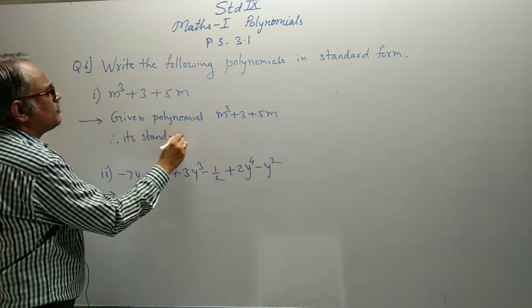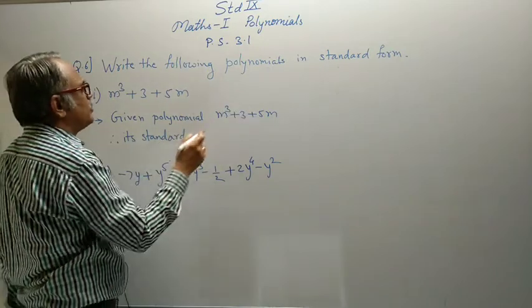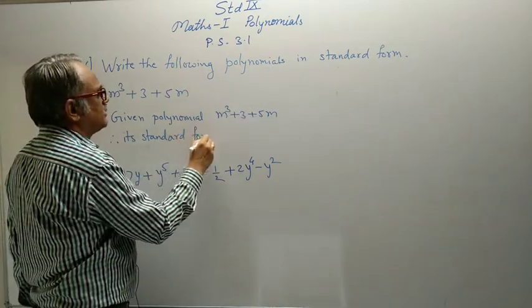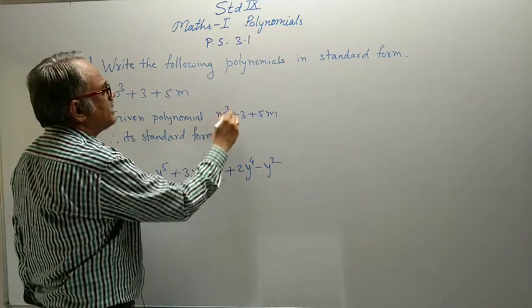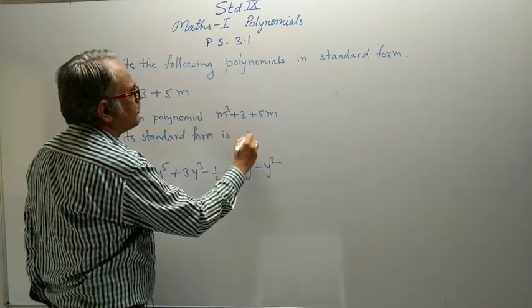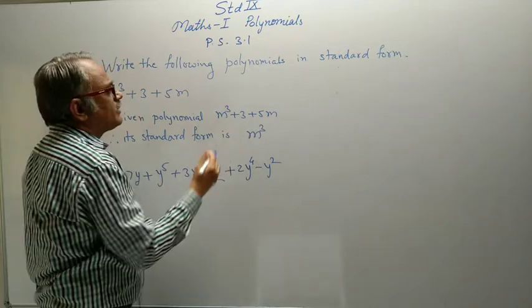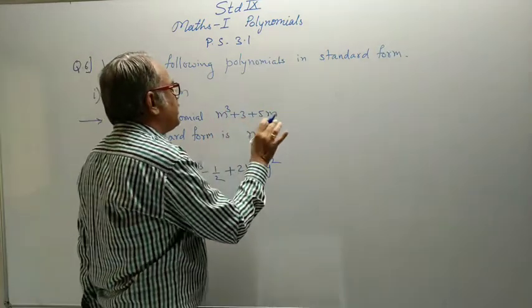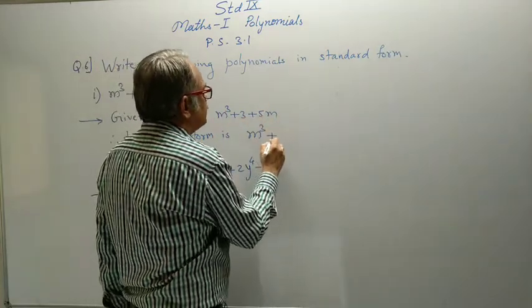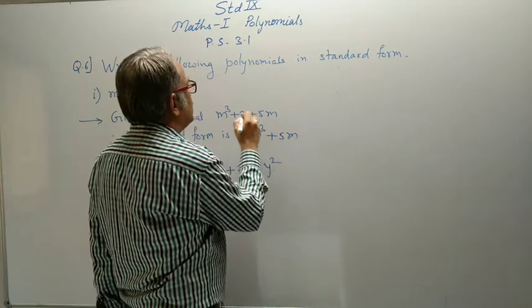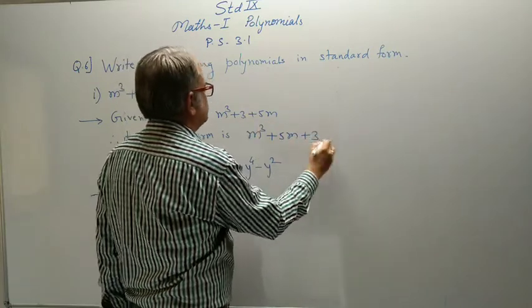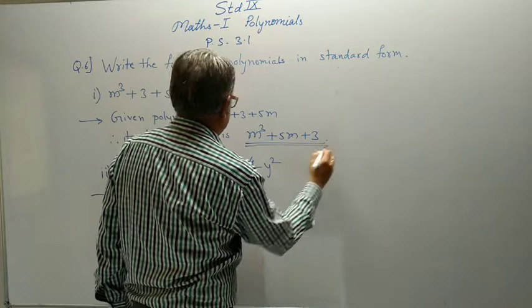Generally in standard form we write from highest index to lowest index. What is the highest index? M cube term. After that m square is absent, so don't write. Then m term along with sign. Then constant term. This is the answer.